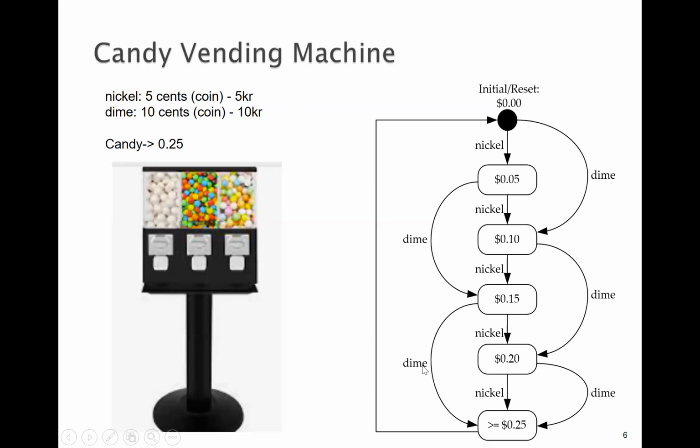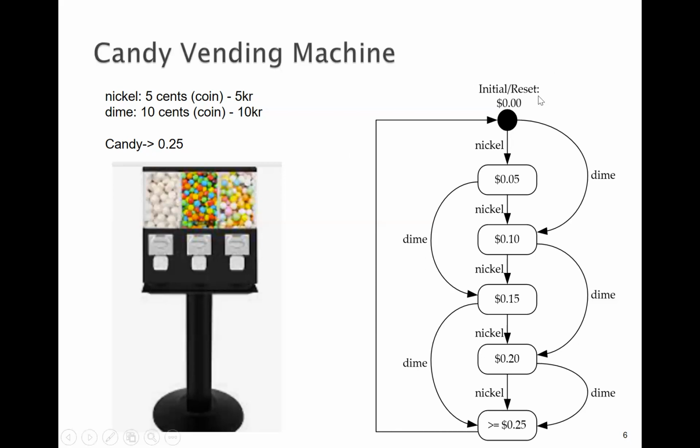It gives a candy if we deposit 25 cents, a quarter. Nickel and dime are the common words in the US to represent 5 cents and 10 cents respectively. In Turkish, we can say 5 kuruş, 10 kuruş.